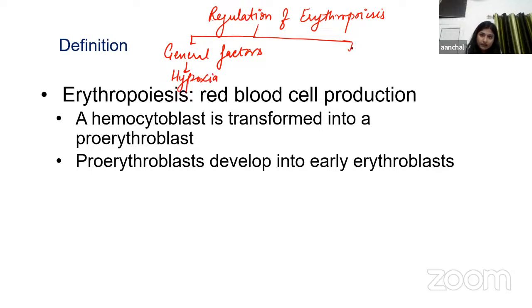Then we have spatial maturation factor, right? So in spatial maturation factor, we have dietary factors.